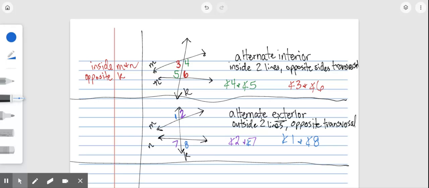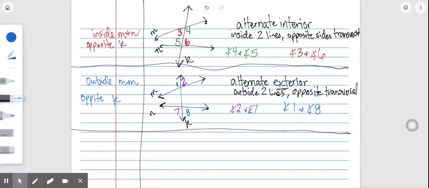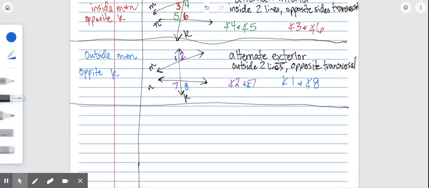Notice this time they're outside lines M and N and on opposite sides of line K. Okay, alternate exterior. All right, and then the last one we're going to talk about is consecutive interior.